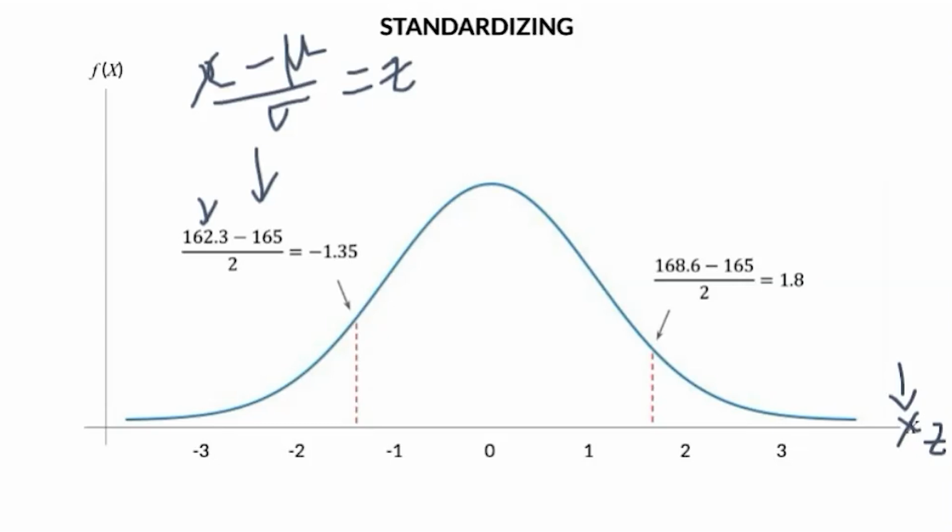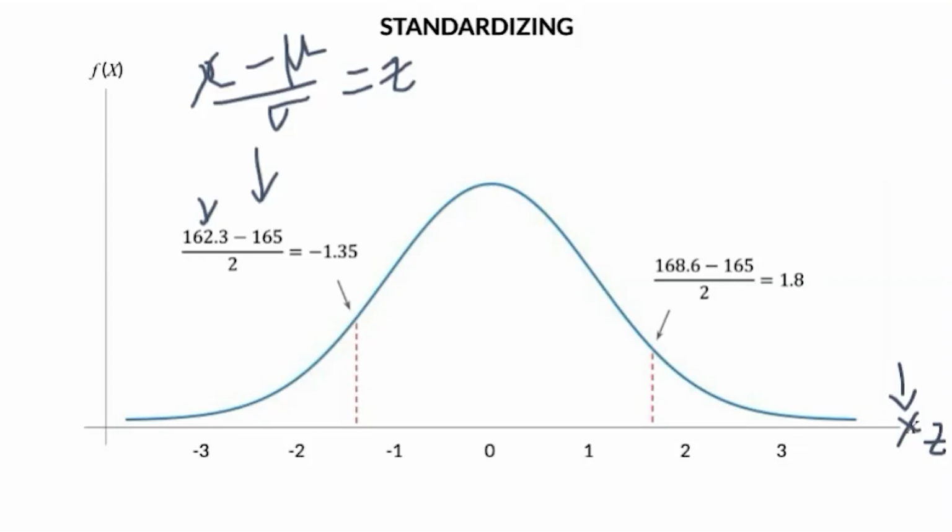The x-axis, originally it was the original variable. After standardizing, it's now z. So for all the different distributions, you have the same x-axis. For height, for housefly wing length, for age of Nobel Prize winner, for anything normally distributed, after this transformation, the x-axis is the same, z. Minor mistake on my part. Please ignore that. The x-axis should be z.